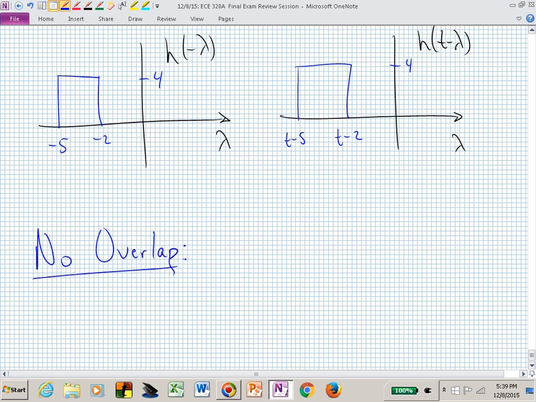If t is a variable that I move from minus infinity all the way up to plus infinity, that's what allows me to slide h of t minus lambda through x of lambda. As long as t minus 2 stays to the left of 0, we have y of t equaling 0 as long as t minus 2 is less than 0, or when t is less than 2. And that agrees with our original when is y not equal to 0.